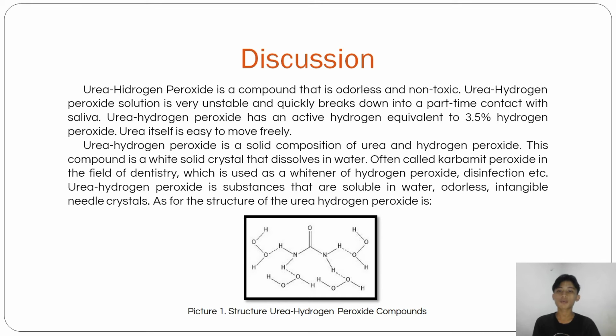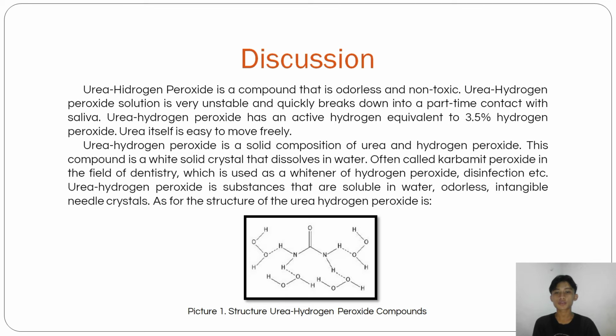This compound is a white solid crystal that dissolves in water. Often called carbamide peroxide in the field of dentistry, it is used as a whitener and hydrogen peroxide disinfectant aid. Urea hydrogen peroxide is a substance that is soluble in water, odorless, and forms needle crystals.